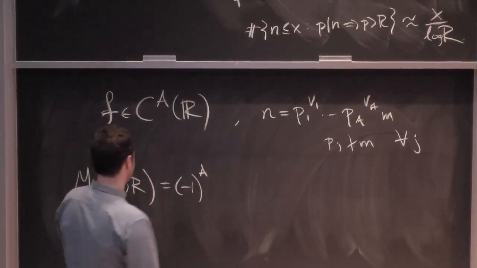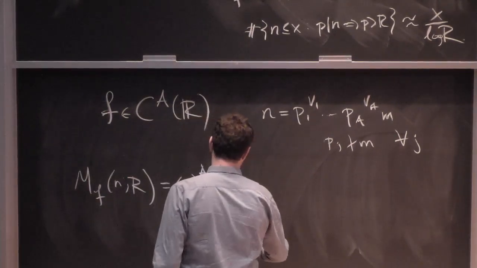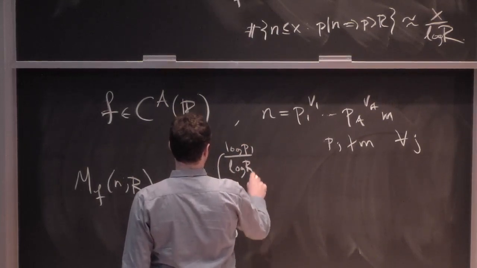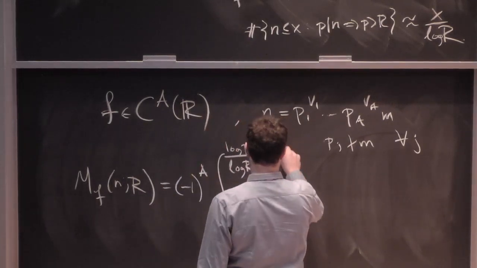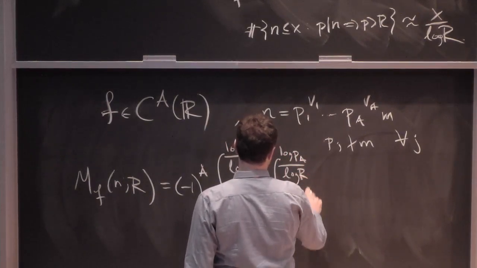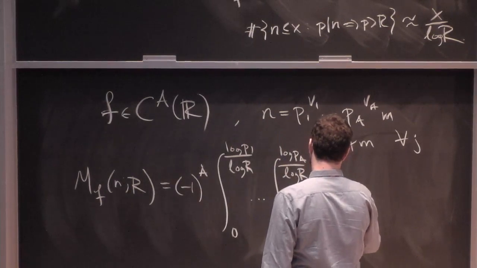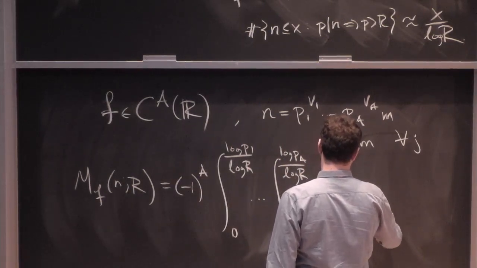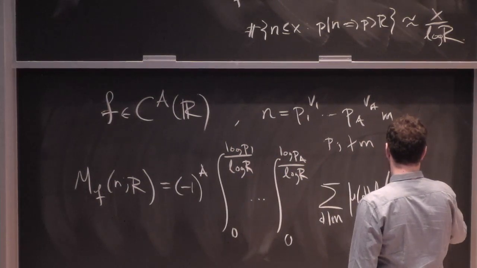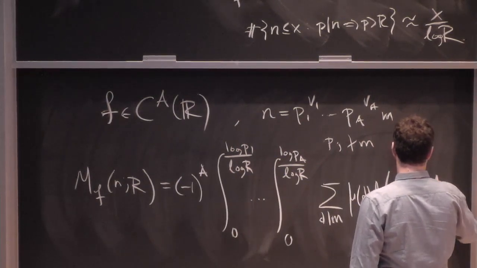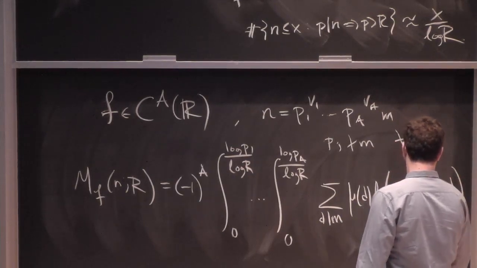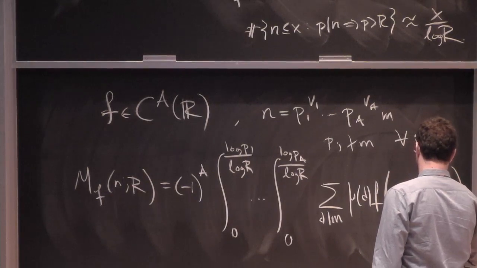f of nr is minus 1 to the a, and then I have an a-fold integral. Here I have the summation of the ui's plus log of d over log of r. And I need to integrate over all of these variables.